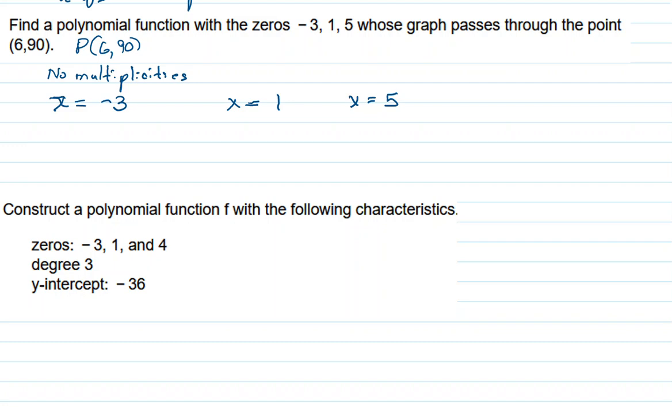Right. So I'm going to solve for the factor. So I'm going to have x plus 3 as a factor equal to 0. X minus 1 is a factor equal to 0. And x minus 5 is equal to 0. All right. Is everybody comfortable with that? All right. So now we're going to structure it.